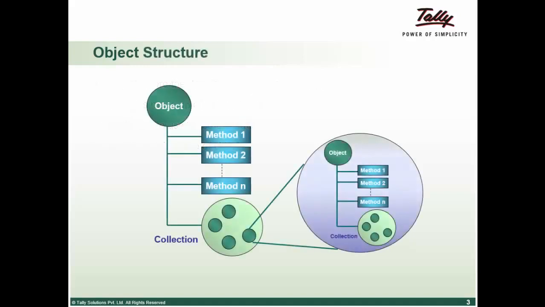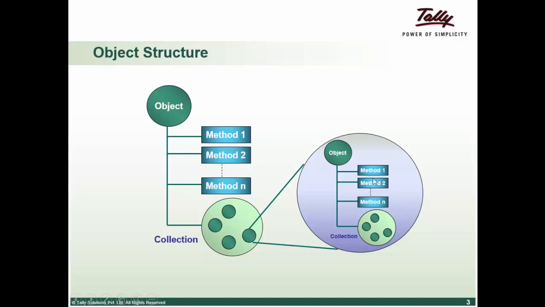So this is one of the basic object structures in pictorial format. This is the primary object containing methods and a collection. This collection is a group of objects.